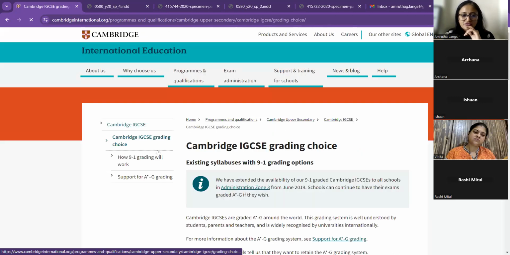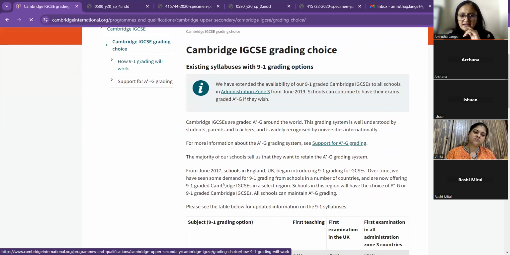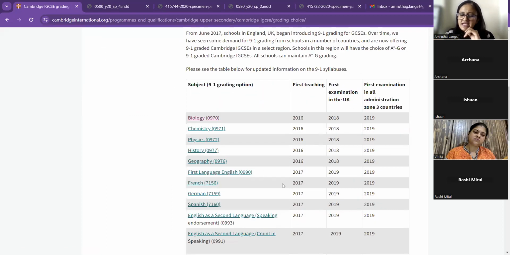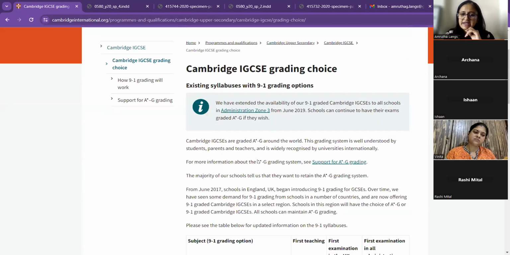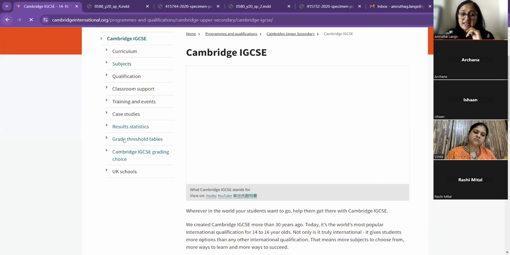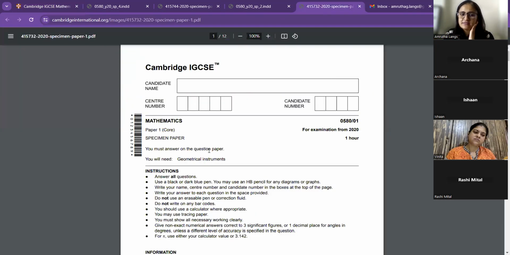If you go to grading, you will see where you can score A star and A subject wise, and what is the highest possible score that you can get in that subject, depending on your marks and everything. Now, that's the whole game with core: if you choose a core paper, then the highest grade that you can achieve is C. You can't get an A or B. You're not eligible for that.